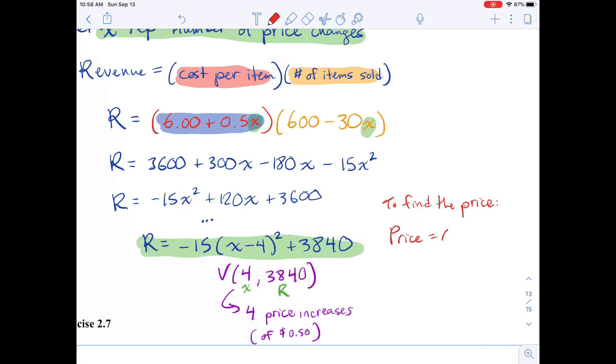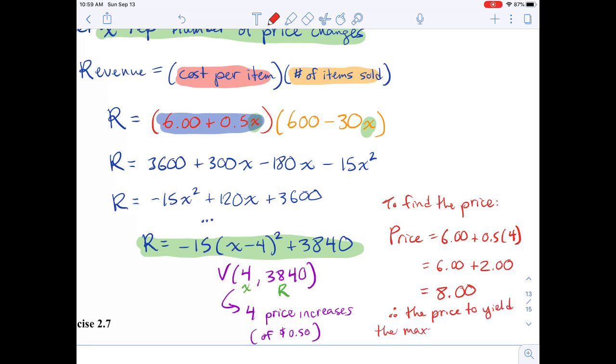So price is now equal to $6 plus 50 cents, or half a dollar, for each price change. So in other words, that's $6 plus an extra $2, which means it's gone up to $8. So therefore, the price to yield the maximum revenue would be $8.